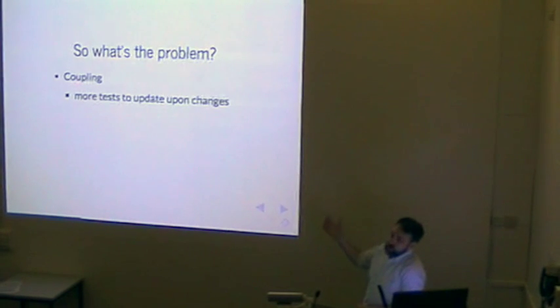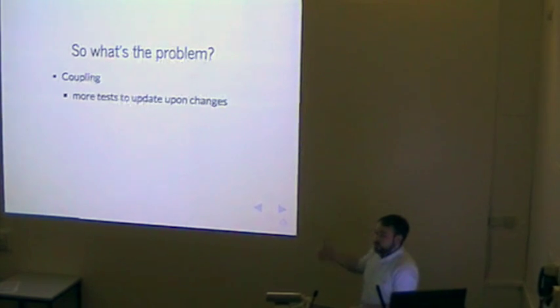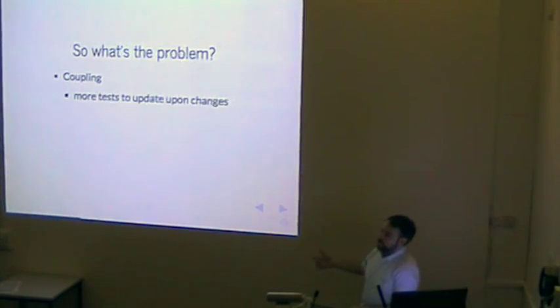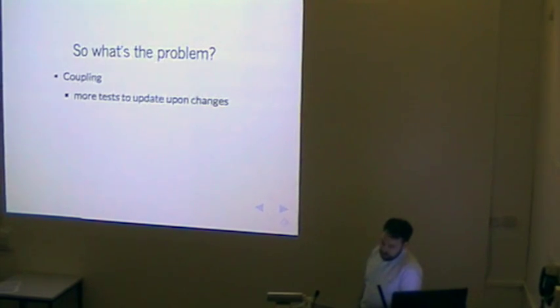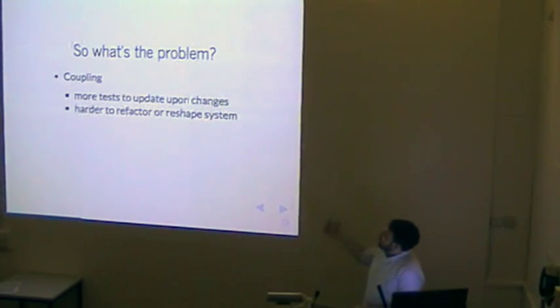For example, if the value of pi changed for some reason, not only would you need to update the circle tests which are actually using pi, you've also got to update the values in the dog test, which is using circle. Again, it's not a problem in this trivial example, but once it's over a huge code base, these things start to add up. It makes it harder to refactor or reshape a system.